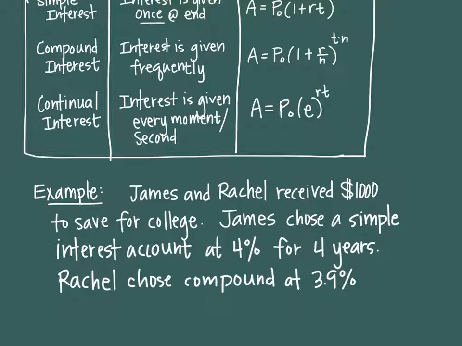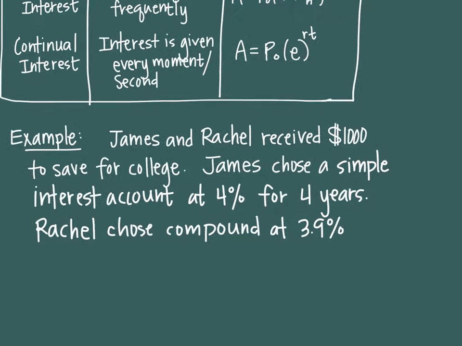And Rachel maybe comes back and says, yes, but even though I'm taking a lower percentage, my bank is going to compound for me monthly. So I want to compare the difference between which sibling has more money at the end of 4 years as they go off to college. So let's do James first.